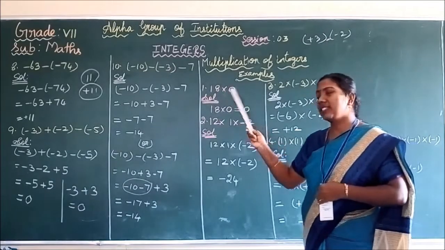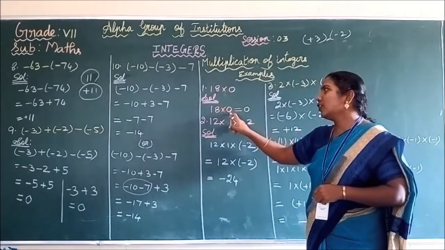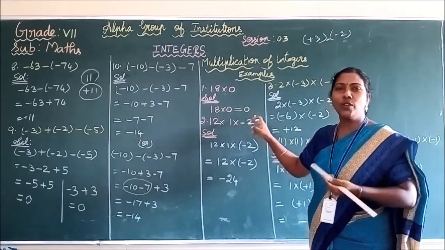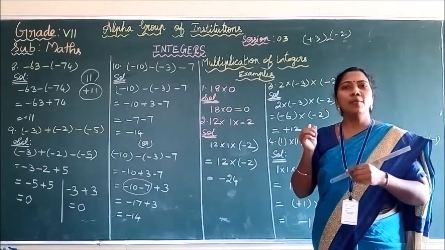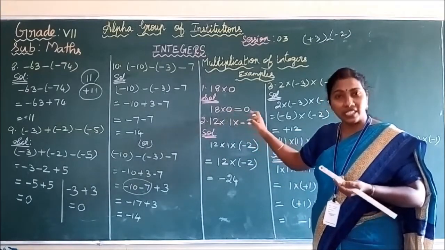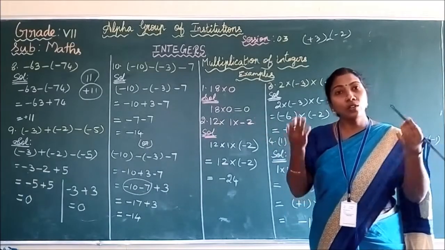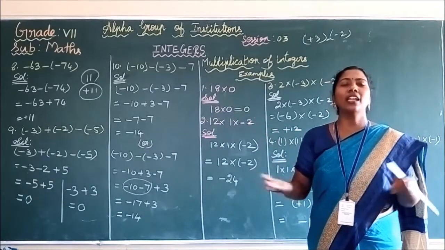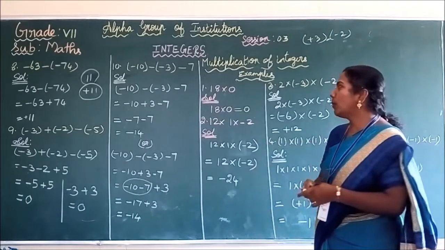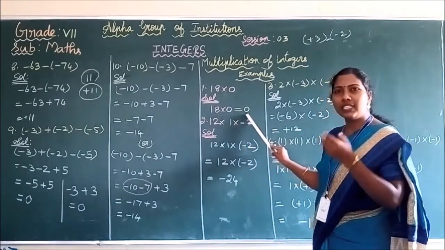See this first sum. This is your homework sum. But many of you wrote 18 into 0 as 18. How is it possible, children? If you multiply any number with 0, you get the answer 0 only. 10,000 into 0, 0. 1 crore into 0, 0. 1 lakh into 0, 0 only.